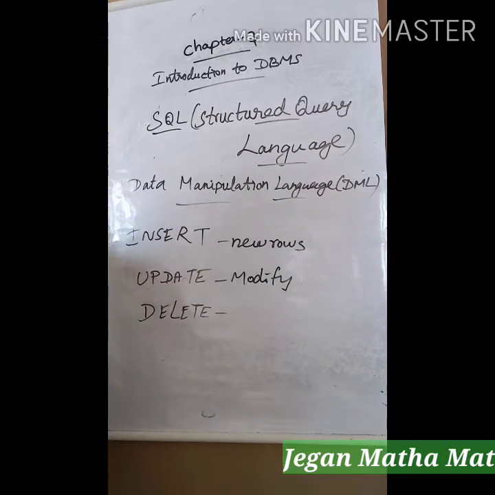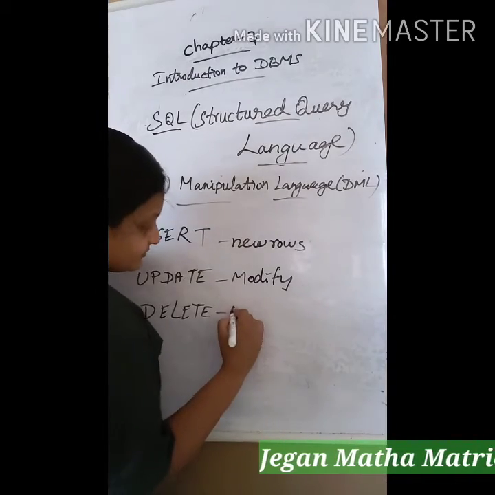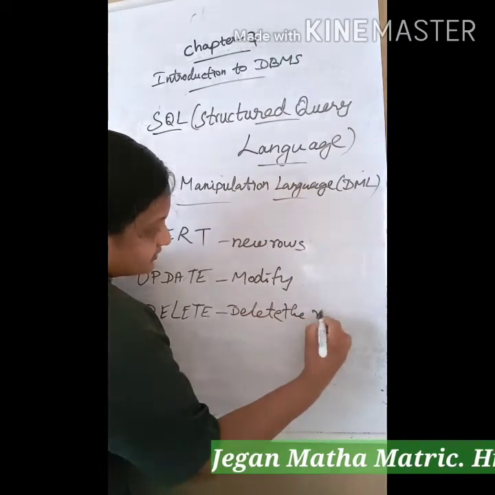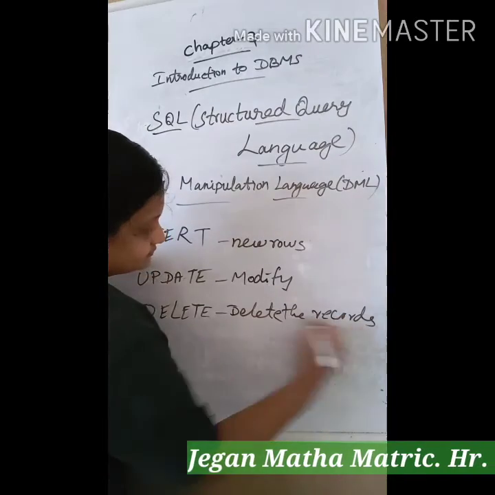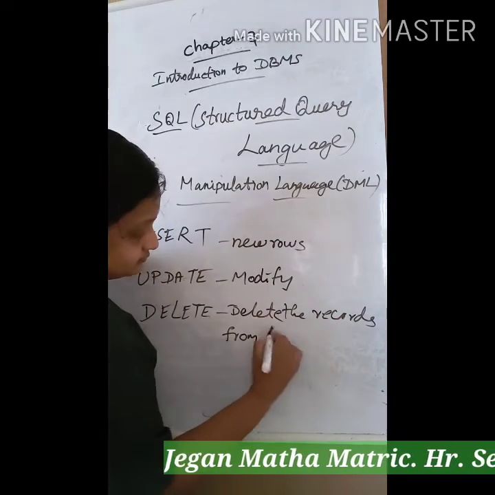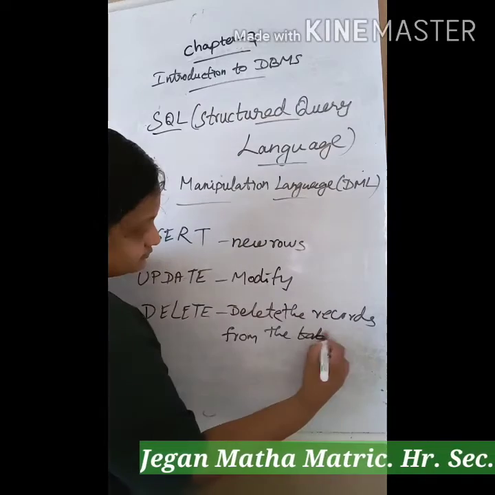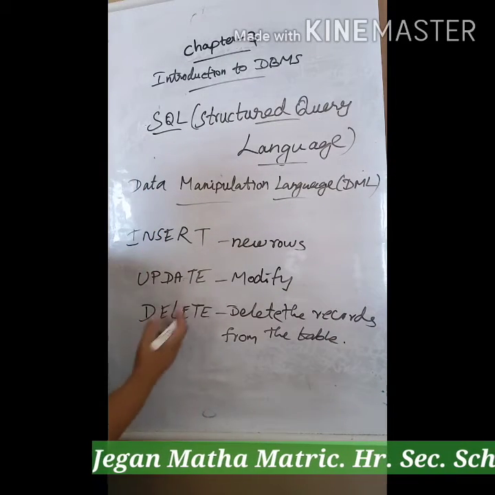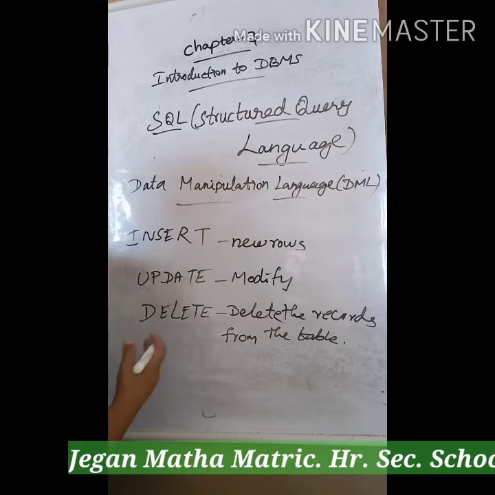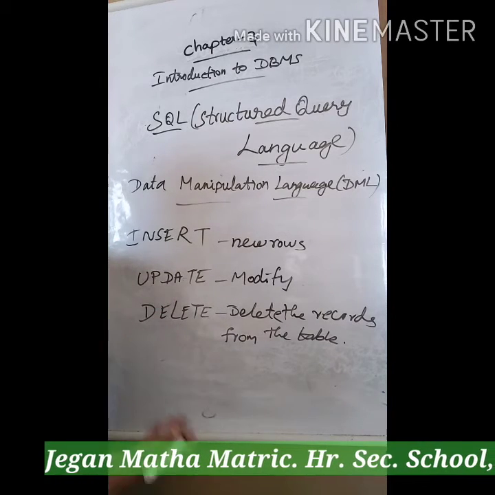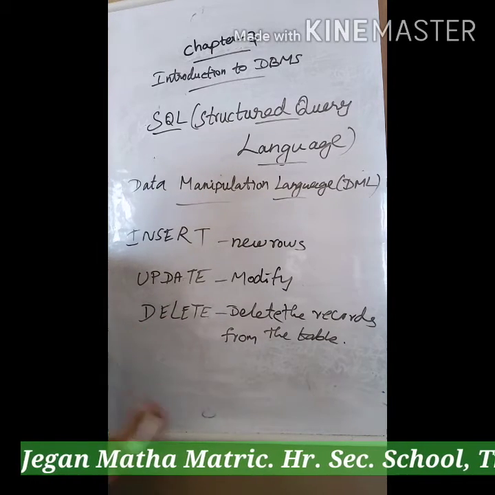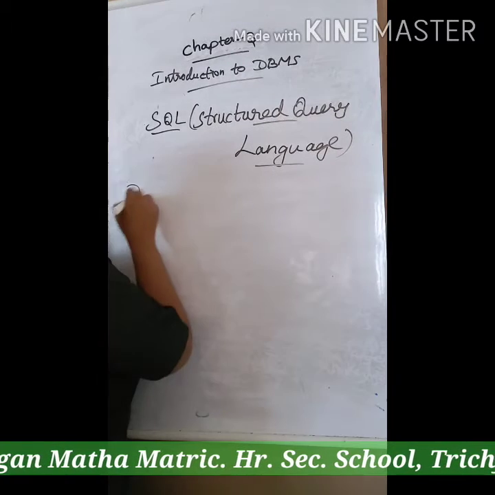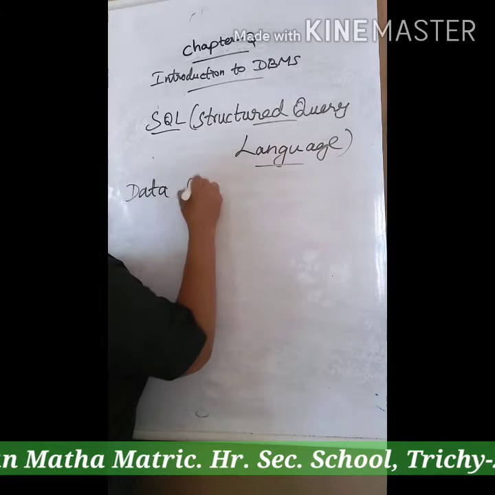This command deletes the records from the table. So the DML commands are insert, delete, update. Insert is used to insert a new row, update is used for modifying, and the delete command is used to delete.